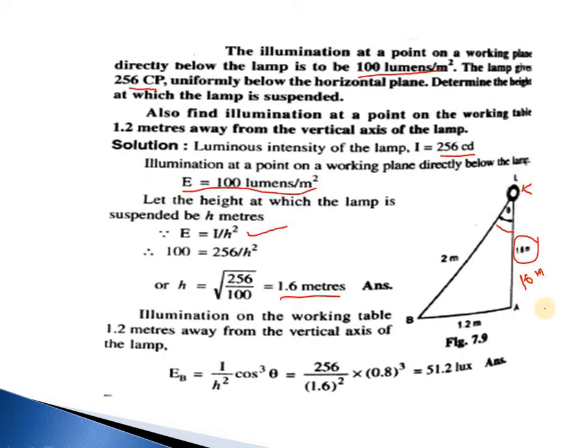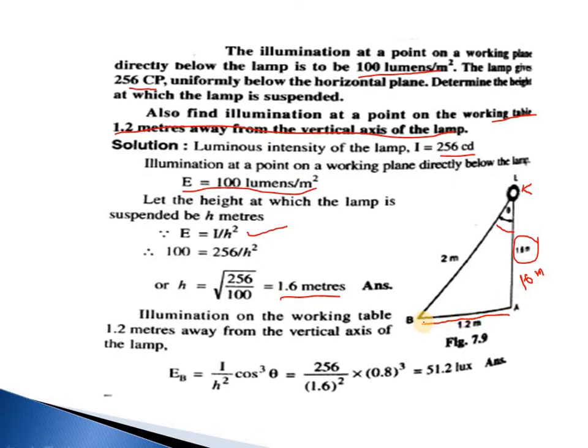Illumination on the working plane 1.2 meters away from the vertical axis of the lamp. It is given that we also have to find the illumination at the point on the working plane 1.2 meters away from the vertical axis of the lamp. So this is the 1.2 meter away point.